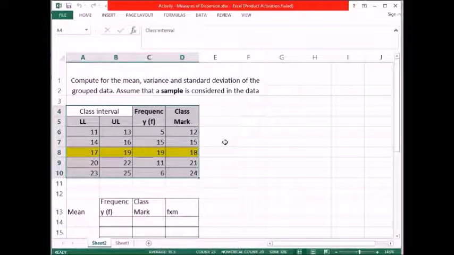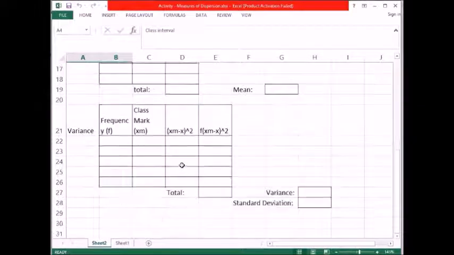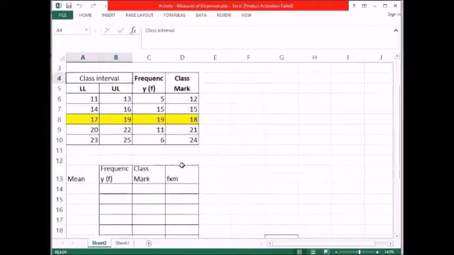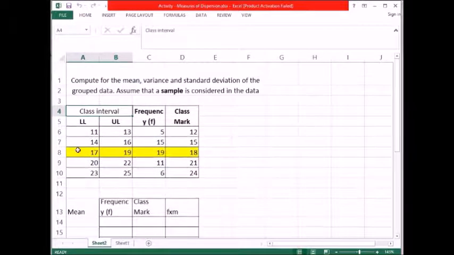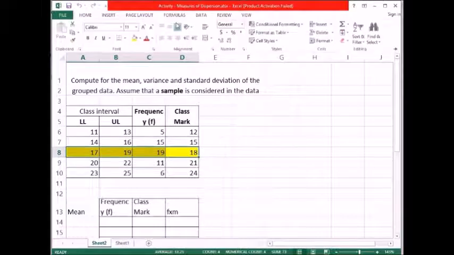Okay? So, let us start. As you can see, our FDT does not include the other features anymore. No? So, we just use what will be important in solving for the mean and the variance and SD. No? Ayan. So, do not mind itong may highlight na to. Ha? So, let us remove the highlight.